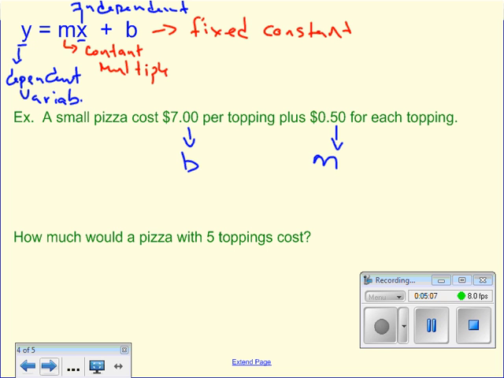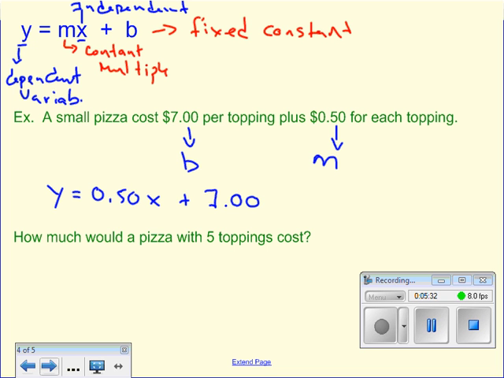So I can put this into my y equals mx plus b equation. So I'm not sure what y is yet. I'm not sure how much anything costs, because I know it cost me 50 cents, but I'm not sure times what. So I'm not sure x. But I do know, no matter what, I can start at $7.